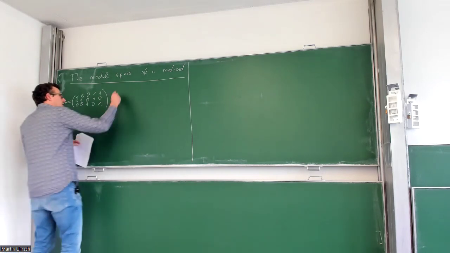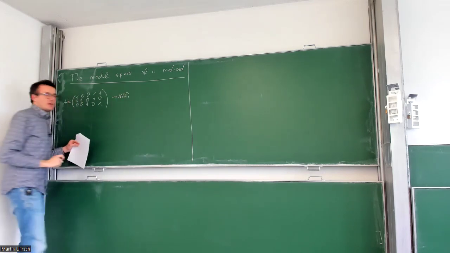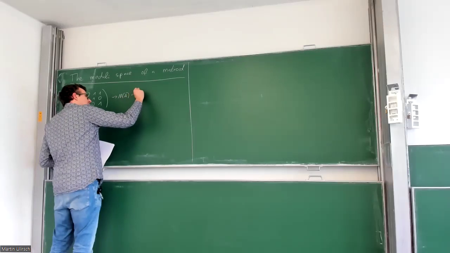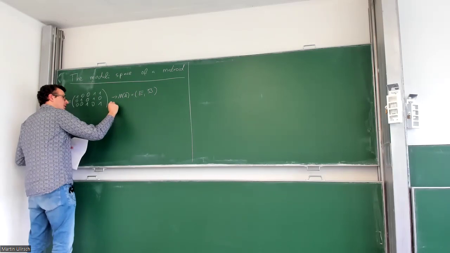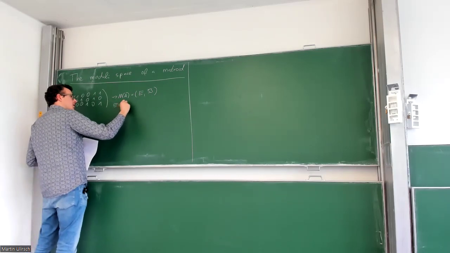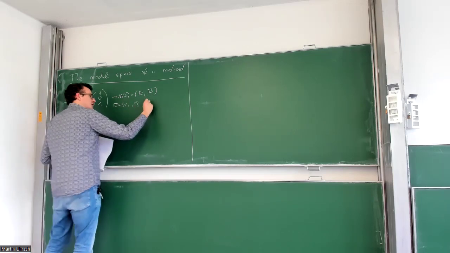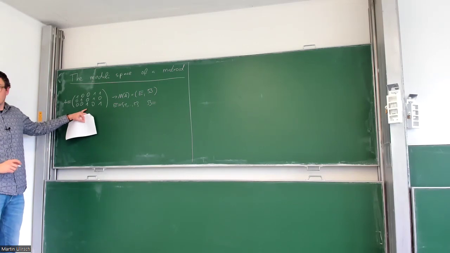So let's say that we get a matroid, which I denote by M of A, the matroid realizable by that matrix, and it is a pair E, B, a ground set and a set of bases, where the ground set is the set of columns, so 1 through 5 in that case. And the bases are all maximal collections of linearly independent columns.